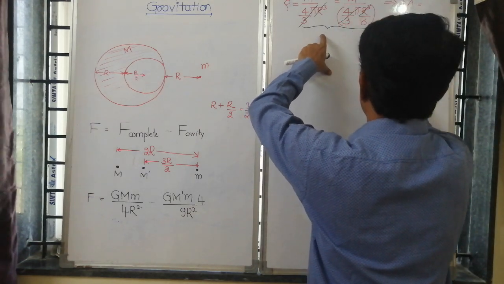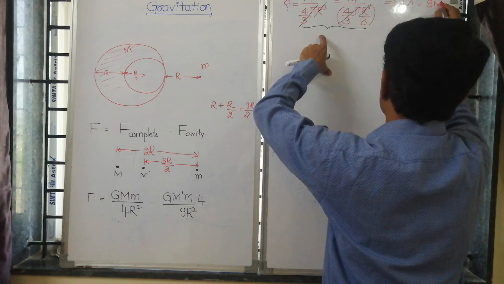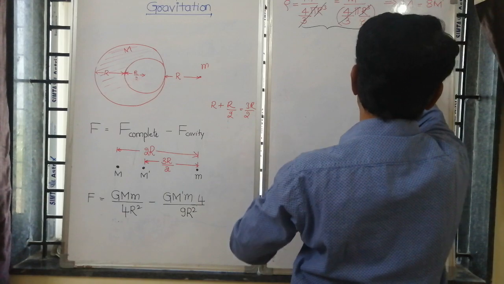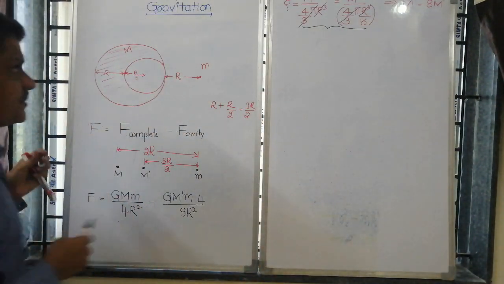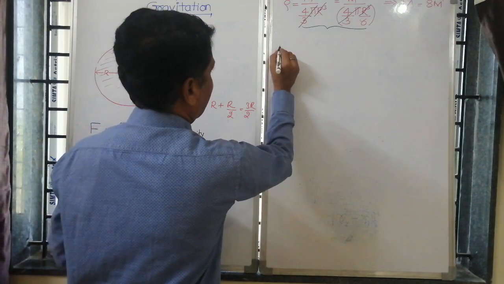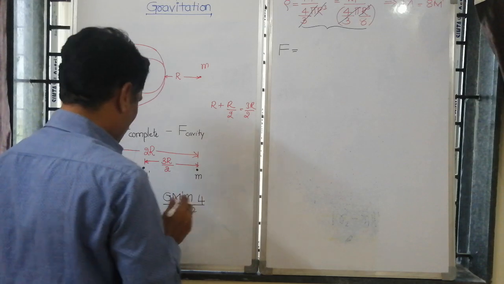Instead of 1 whole divided by, I can write 8 m dash, or m dash can be written as M by 8.